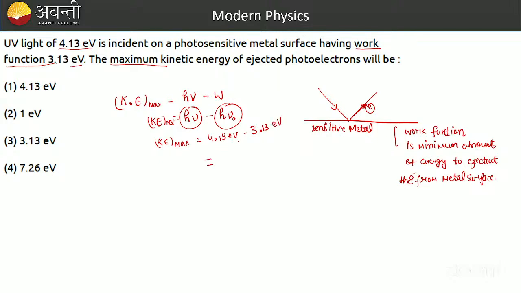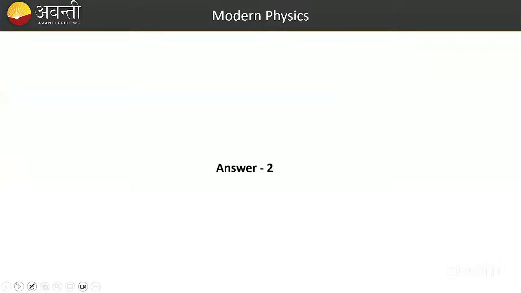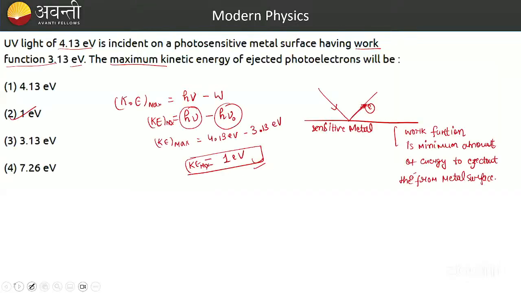Now 4.13 minus 3.13 becomes 1 electron volt. This is kinetic energy max. Okay? So 1 electron volt will be the maximum kinetic energy of the ejected photoelectrons. It does not mean that all the electrons possess this maximum kinetic energy. Answer is 2. I hope you got this answer.